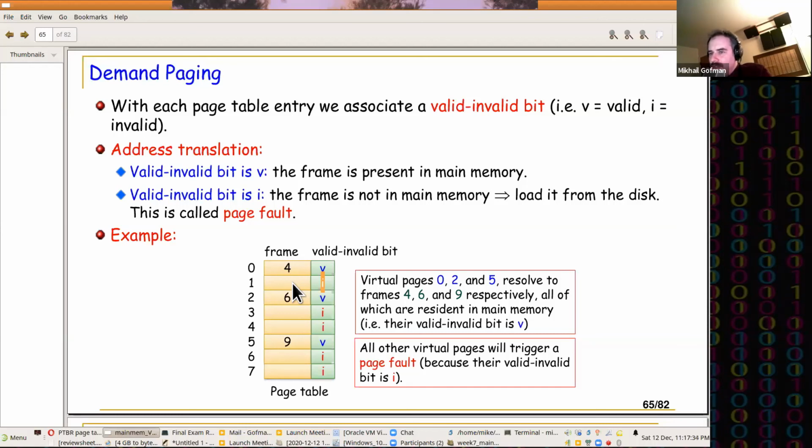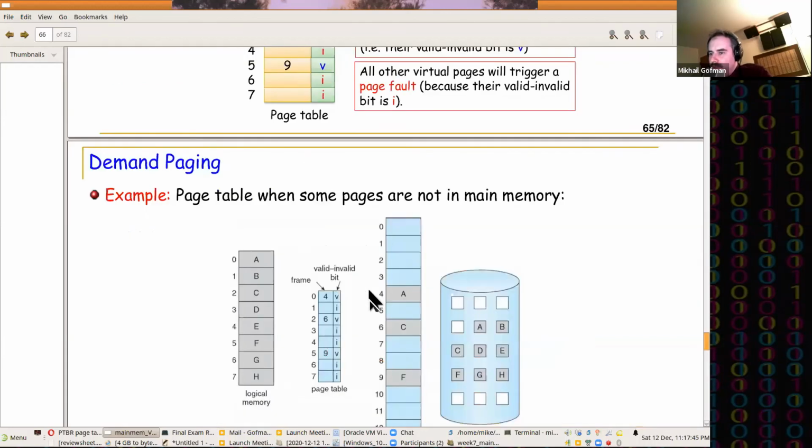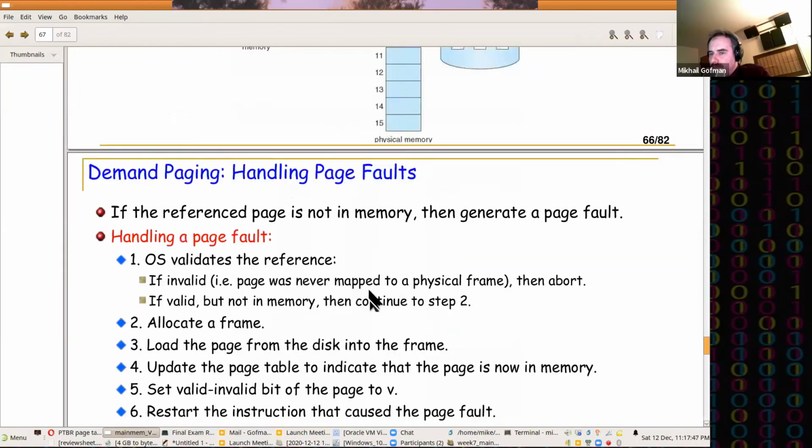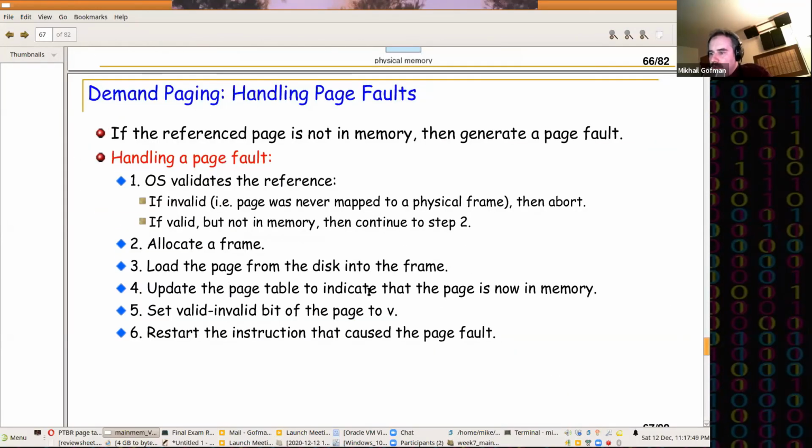In this case, we need to load the associated page from the disk into a newly allocated physical frame. So here is how that is going to work. How do you actually service a page fault? A page fault means we're going to be bringing a page from the disk into the physical memory because it is needed.